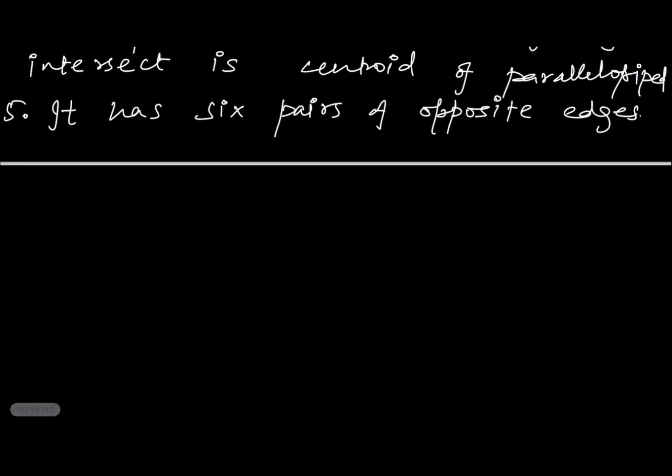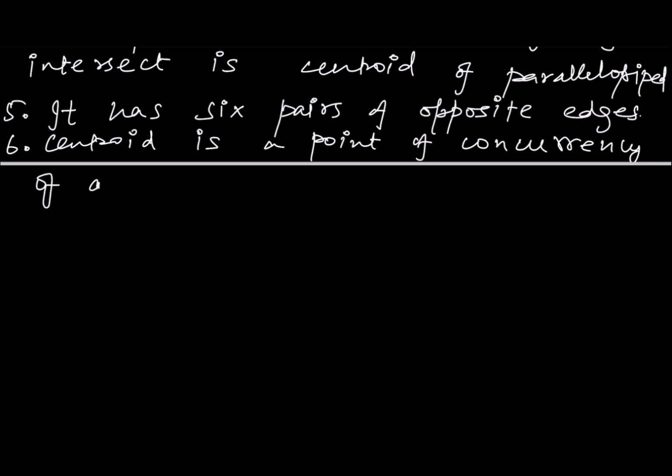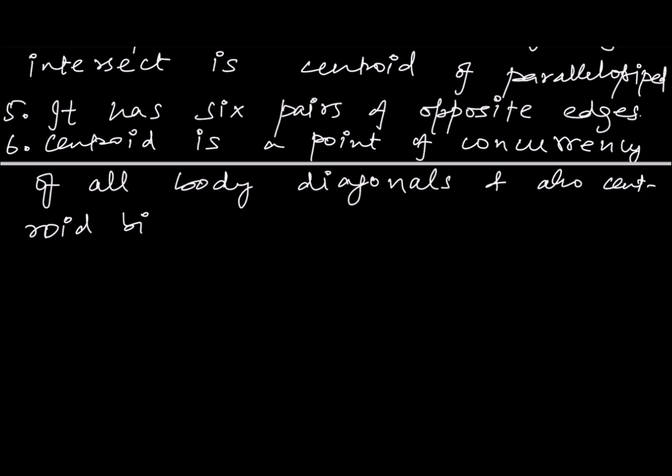Point number 6 is the centroid is a point of concurrency of all body diagonals, and also the centroid bisects body diagonals. Centroid bisects body diagonals.